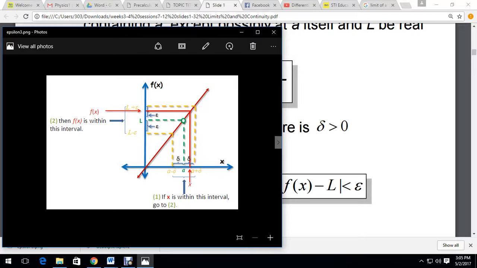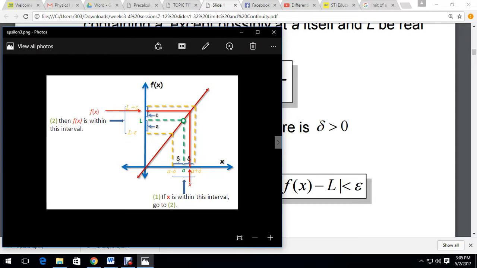Again, as the value of x approaches a particular value a, our f of x is defined by this red line. So this red line here is the graph of our f of x.